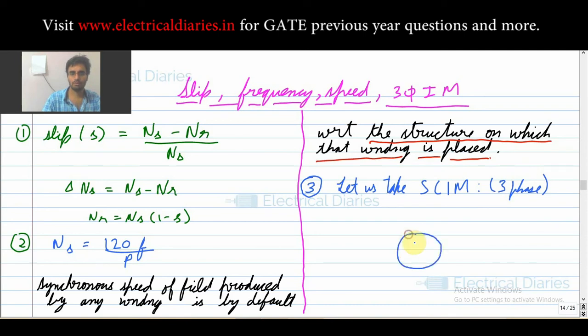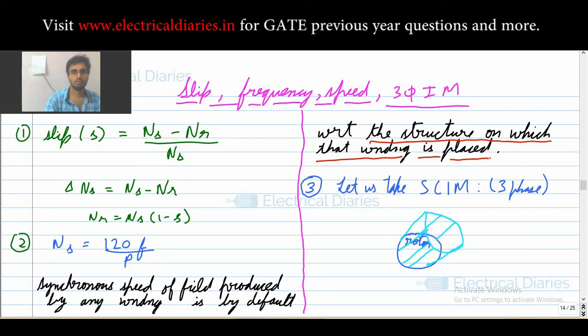This is your rotor. Squirrel cage means that your rotor is made of bars, in this fashion, and these bars are joined.